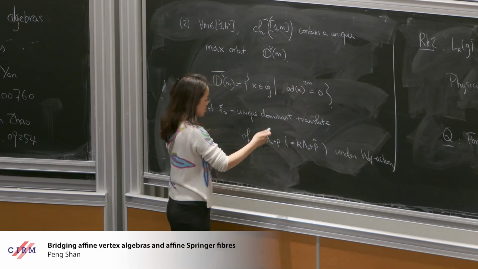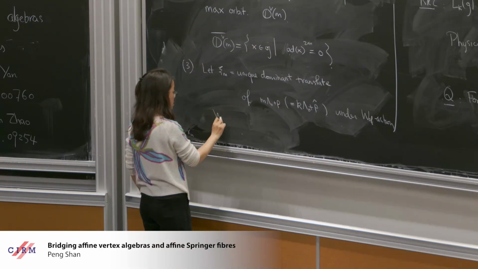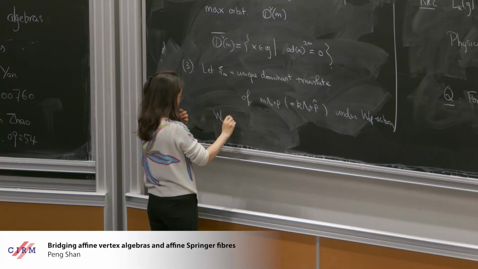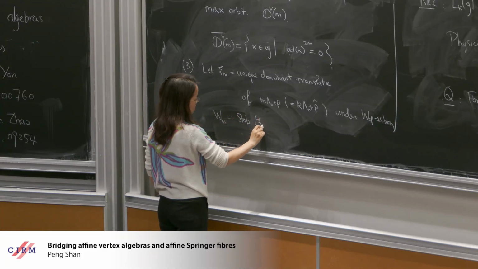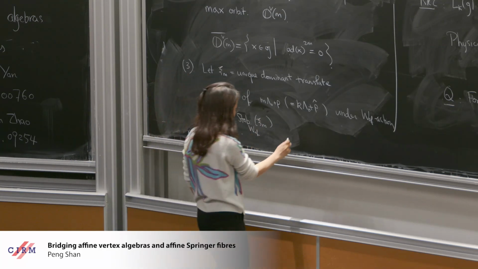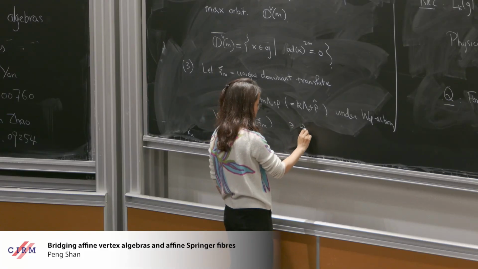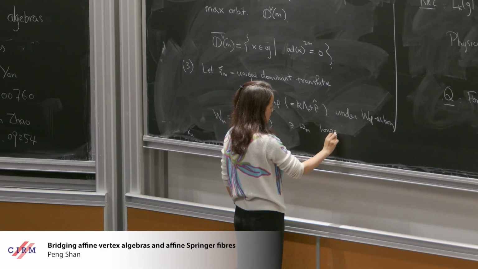And for m in this interval, this is a singular weight, so in particular it has a non-trivial stabilizer. So W_m is defined as the stabilizer of psi m in W affine. But now this is a finite reflection group, so it has a longest element, which I denote by small w_m. So this is the longest element.